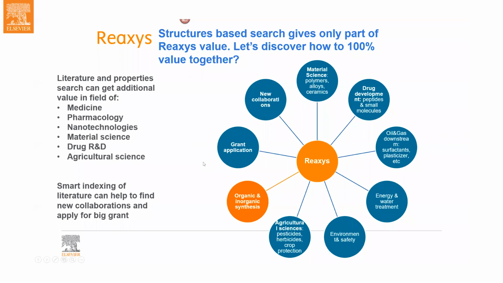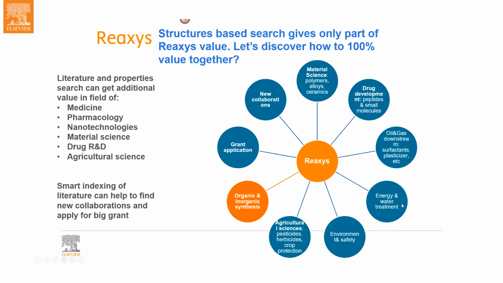And also, I want to highlight that Reaxys is applicable not only for organic chemistry or inorganic synthesis, but also for different types of research, and some aspects are covered in our webinars. For example, today we talk about drug development. A couple of days ago, we talked about agricultural applications. In a couple of days, we will talk about environment and safety.